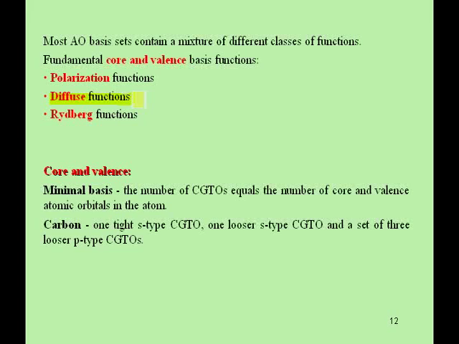But if you're studying some kind of a carbanion where that carbon center has now a negative charge on it, the orbital in which that electron is sitting is expected to be a little bigger than it would be in a neutral carbon atom. So we need some diffuse functions to let this orbital become bigger. They're diffuse because they're more radially extended.